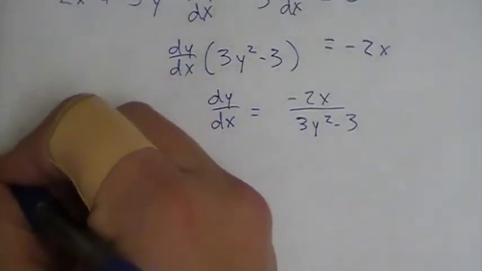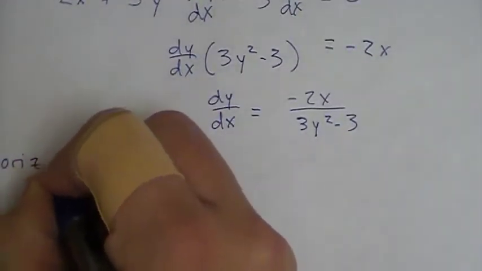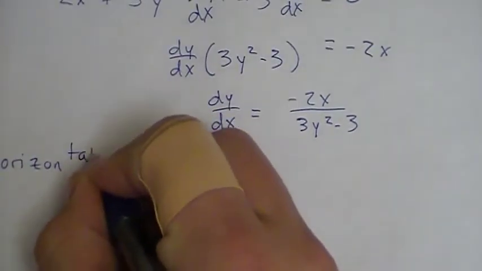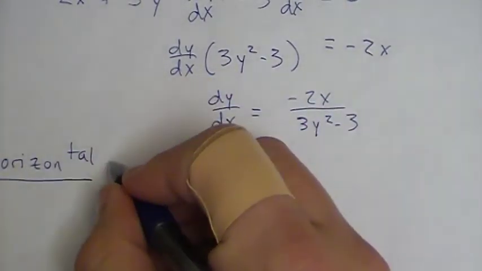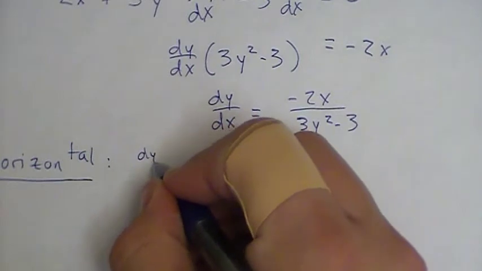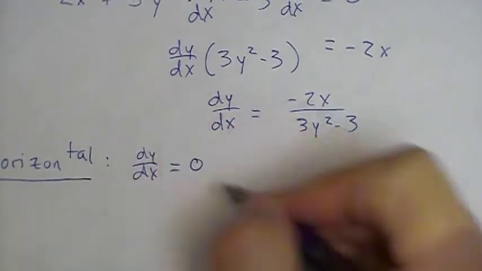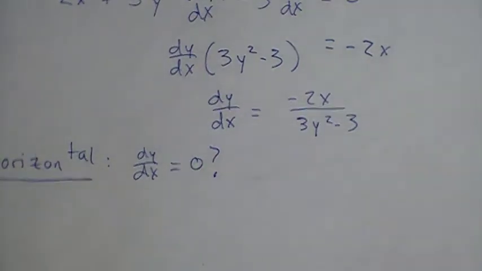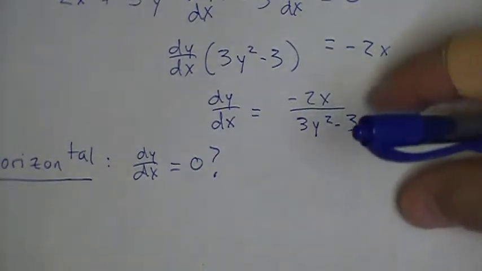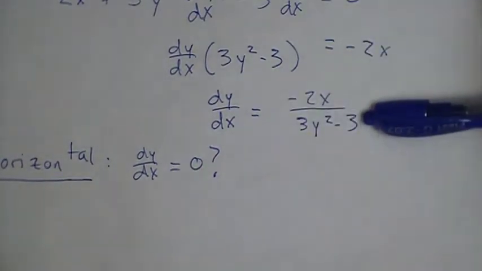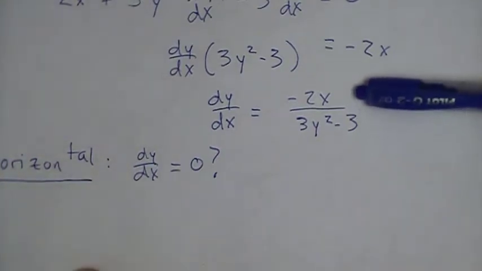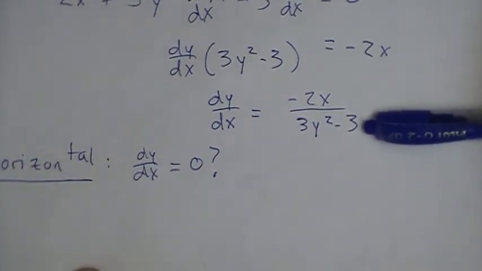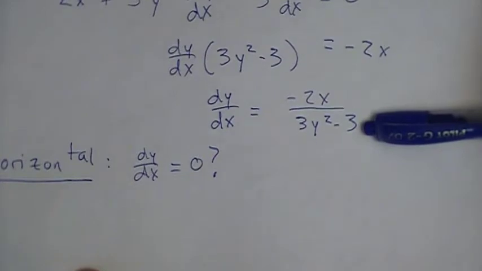If I'm going for horizontal tangents, I know that the slope of my tangent line would have to be 0, and so I know that dy/dx would have to be 0. So now we need to figure out when dy/dx equals 0. Does it ever happen? Well, look at dy/dx. It's a fraction, and if this fraction's numerator is 0, as long as the denominator is also not 0, then dy/dx is 0.